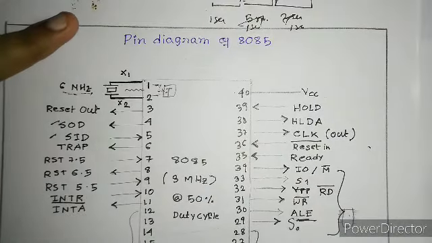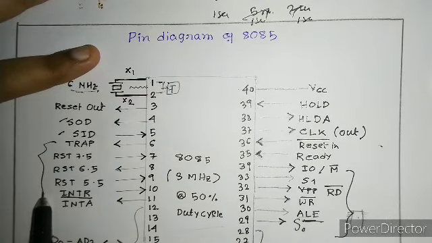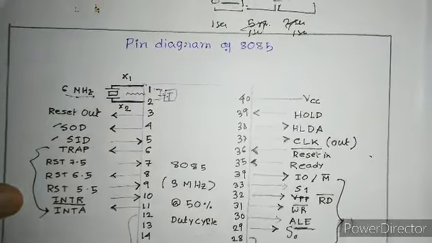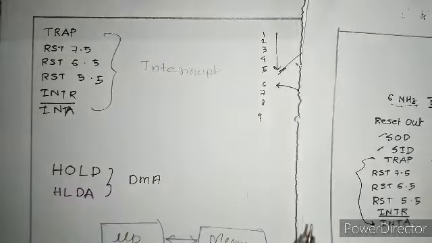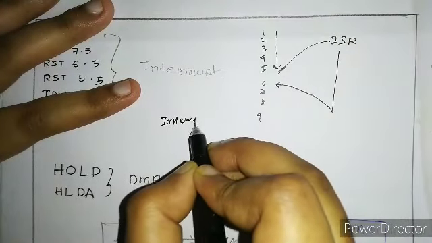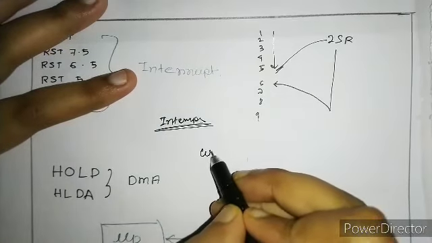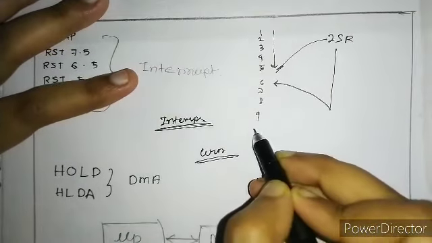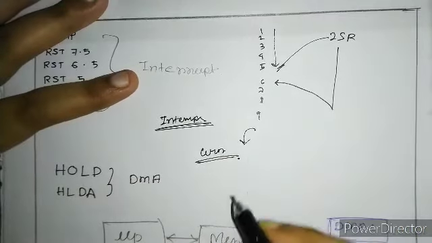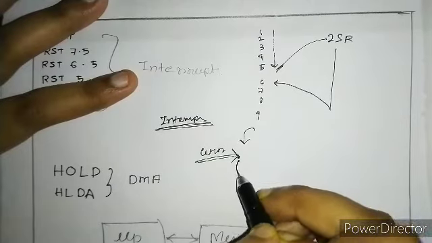The last instruction pins, from TRAP to INTA bar, what are they used for? I think you know about interrupts, right? What is interrupting? Suppose I was doing some work, then some external signal comes, and whatever I was doing, I have to take immediate action and perform that work.